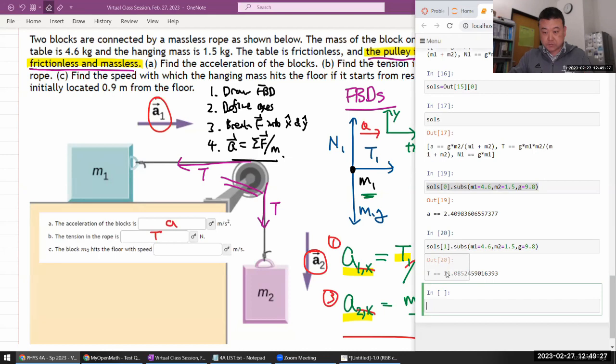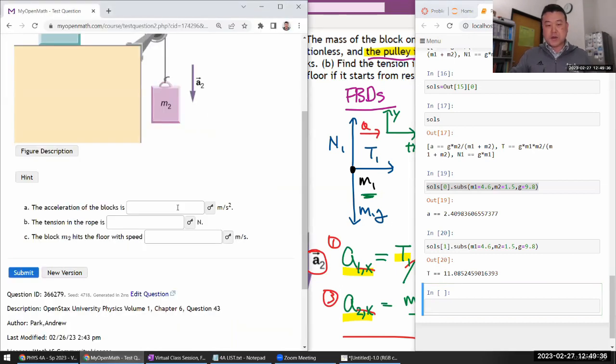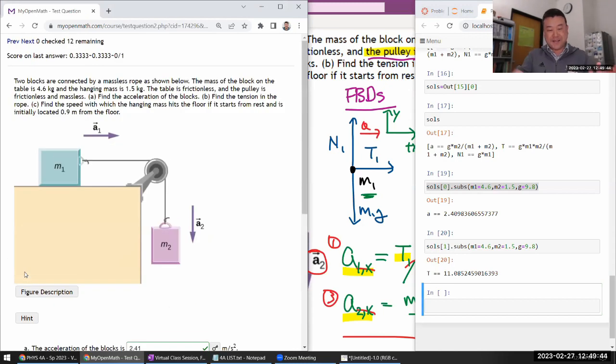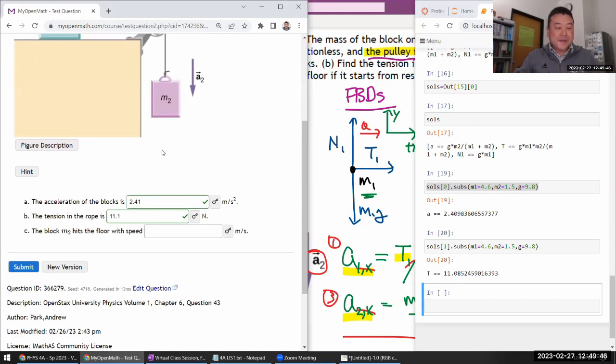So tension is 11.1 Newtons. Oh, I'm not done. Let me enter A and B first to make sure I got acceleration and tension right. 2.41 and 11.1.